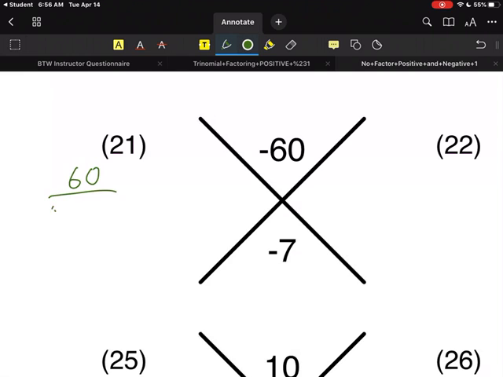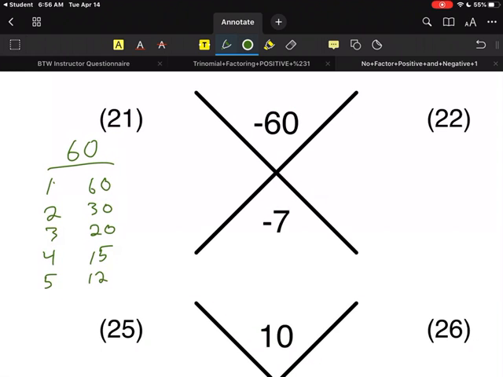I make my factor tree: 1 and 60, 2 and 30, 3 and 20, 4 and 15, 5 and 12, 6 and 10, and that's it. Since the bottom number is negative, the bigger number has to be negative, so I'm going to make all the bigger column negative. Now let's add them together.